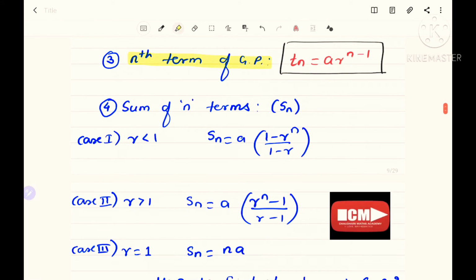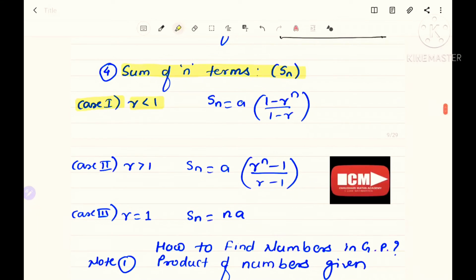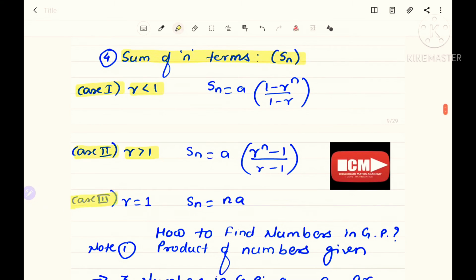Then we also discussed how to find the sum of n terms of a geometric progression. For that, we discussed three different cases. Case number 1, in which R was less than 1. Case number 2, when R is greater than 1. And case number 3, what if R is equal to 1.